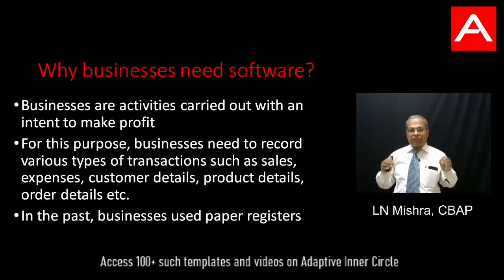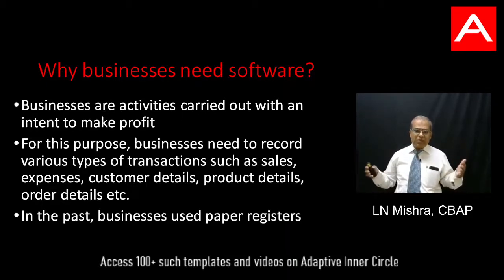Of course, to achieve profit, it needs to understand where the profit comes from. So it needs to record transactions such as sales, expenses, customer details, product details, order details, and many such information. Employee details, asset details.